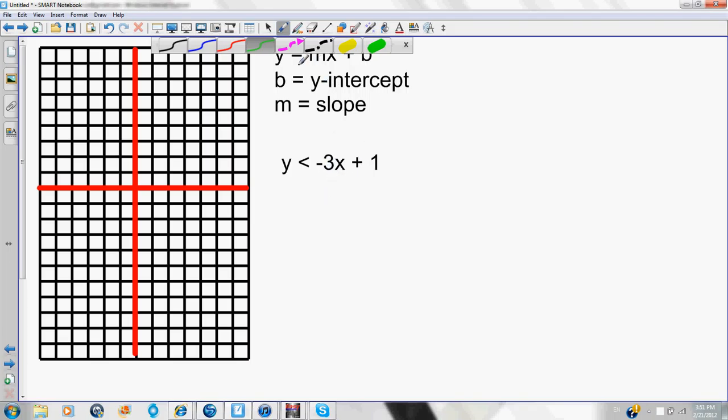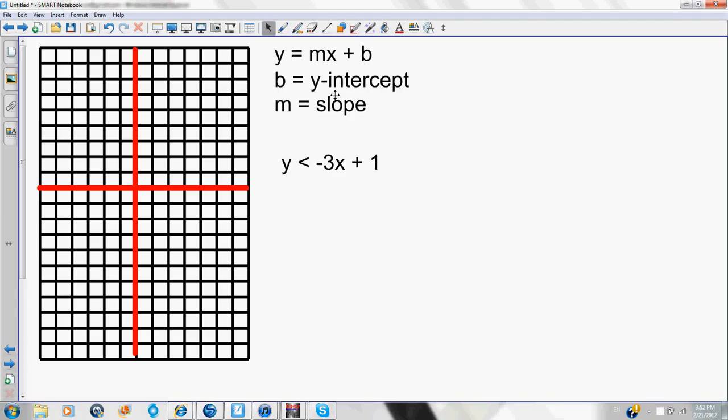Once again, it's very important that we know this formula, y equals mx plus b, because the y equals mx plus b contains the things that are important to be able to graph a line. The b is the y-intercept and the m is the slope. Whenever you're looking for the slope of a line, you look for the number that is in front of the x.